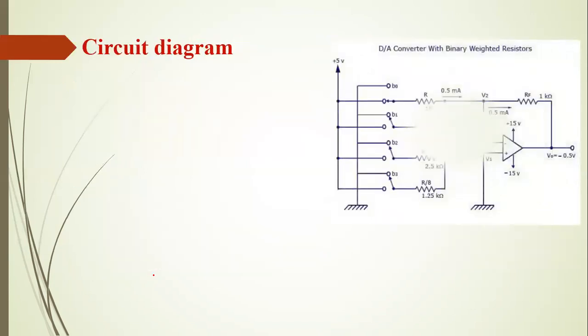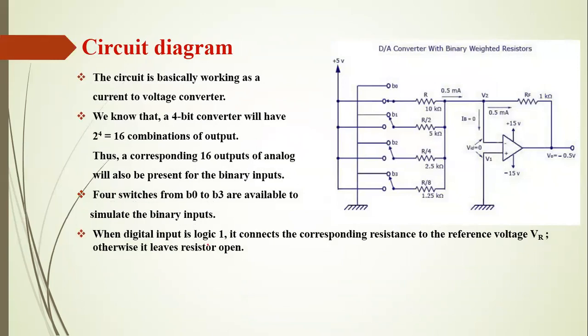Next, the circuit description. Here we have shown that it basically works as a current to voltage converter, since the output is represented in terms of currents, but finally we are seeing the output in terms of voltage.